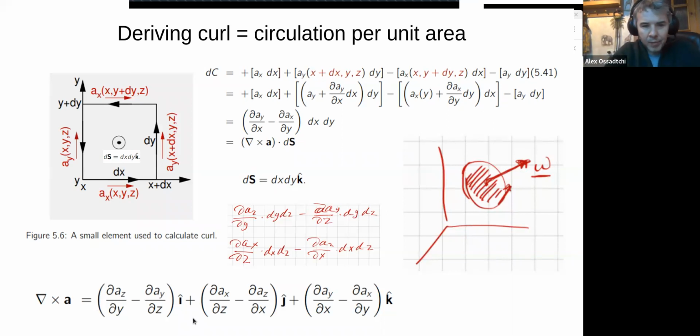The curl is defined by this seemingly incomprehensible expression, but in fact these are just the differences along each of the directions, like in this loop, because we looked at the circulation. We wanted to see if there is non-zero circulation, non-zero similarity, again.